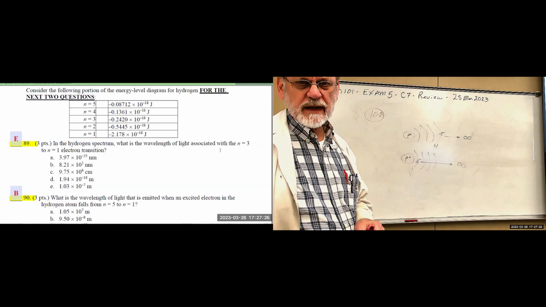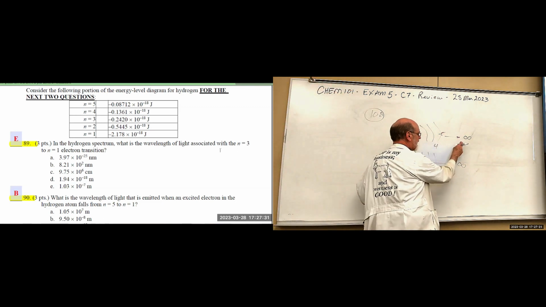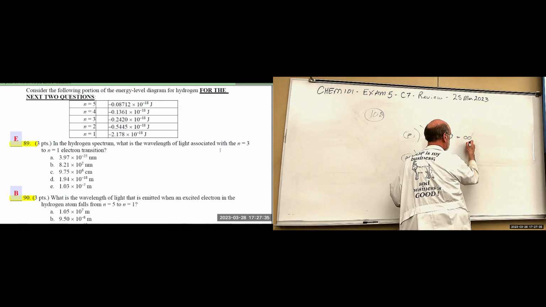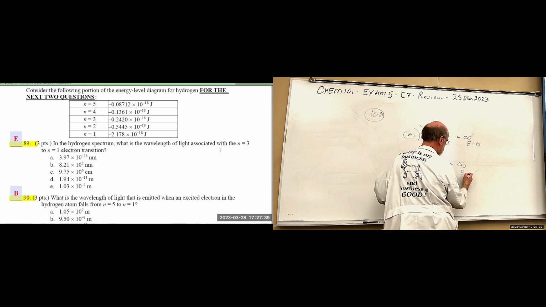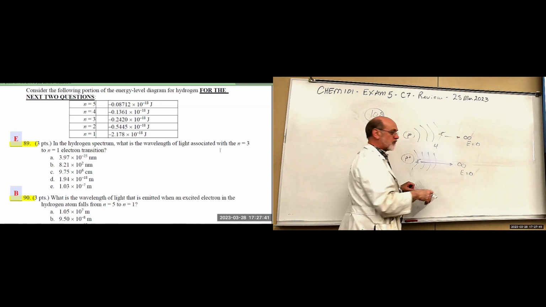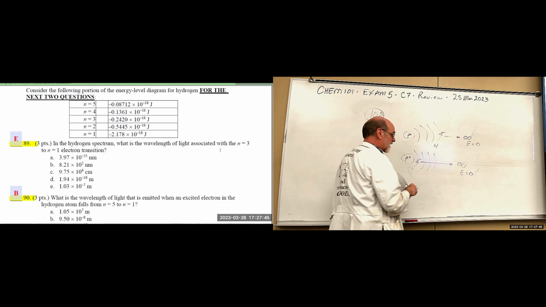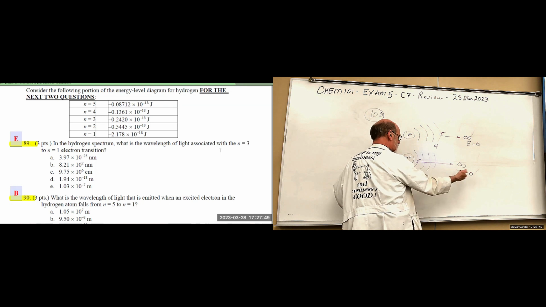Okay, so if we're going from this level to that level, what's the energy level of infinity? It's 0. It's 0 for both of them. Right? So the ionization energy is going to be, how much energy do you have to put in?